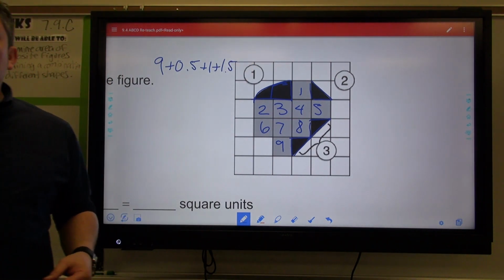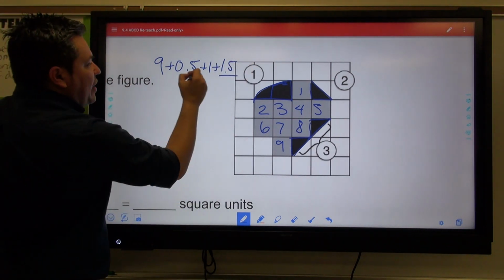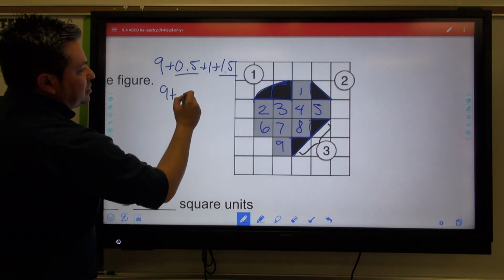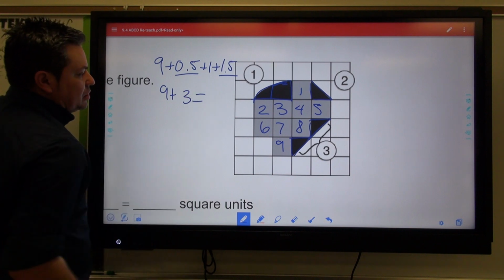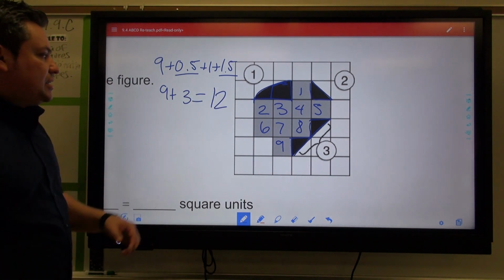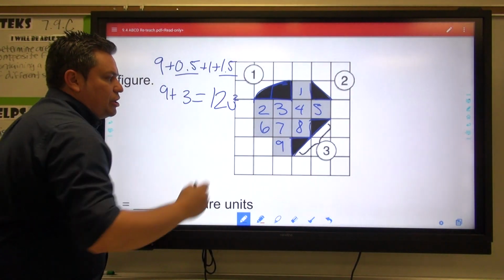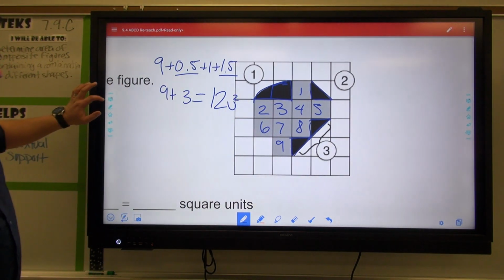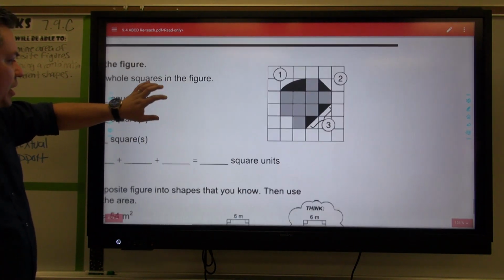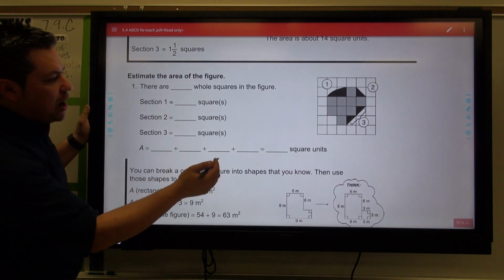All I gotta do is add them all up. So 1.5 and 0.5 is 2. So 9 plus 3 gives me 12. So the area for this is 12 square units. Now, let's look at that. So again, we had section 1 was how much?